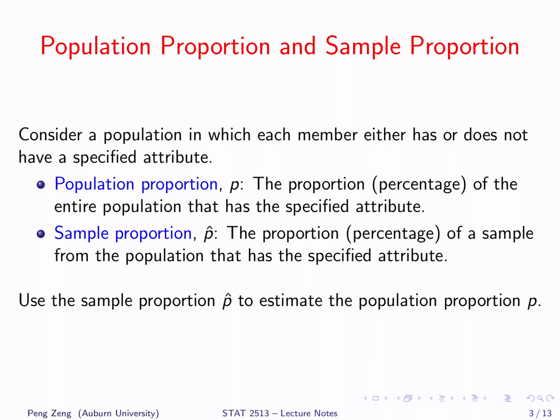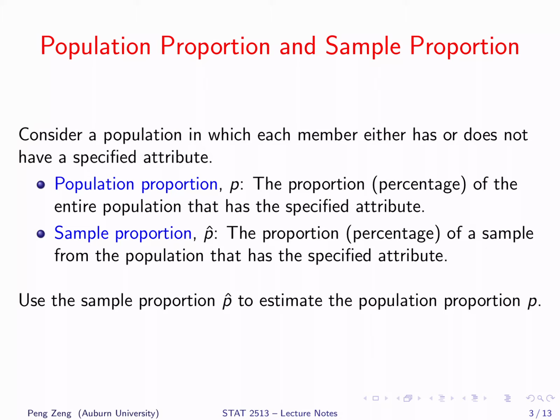The population proportion, denoted by P, is the proportion or percentage of the entire population that has the specified attribute. In this health insurance example, it means the proportion of US adults who have health insurance. Because we have no information for the whole population, this proportion is unknown.